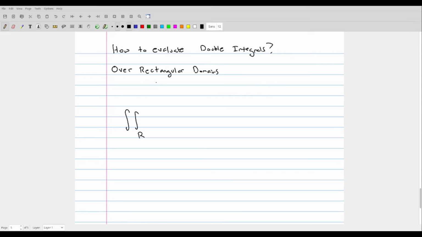So we denote a rectangular domain in a similar interval notation to how we denote an interval in 1D. We say that a rectangular domain, say, from A to B in 2D consists of two intervals.